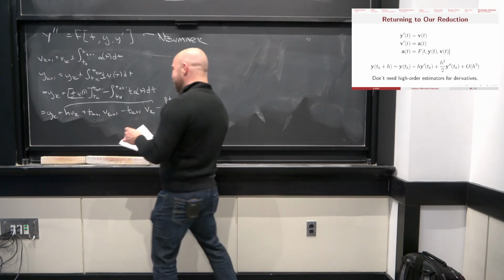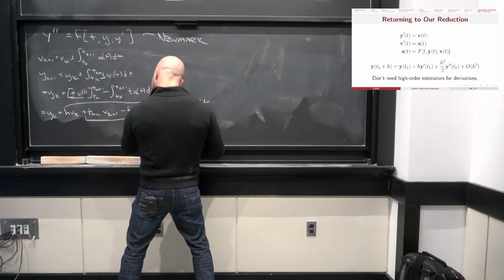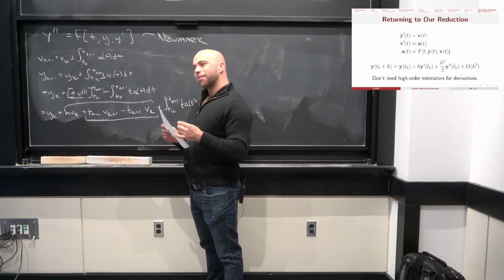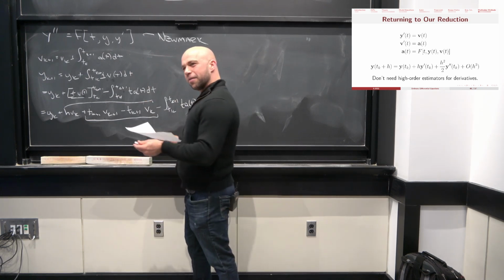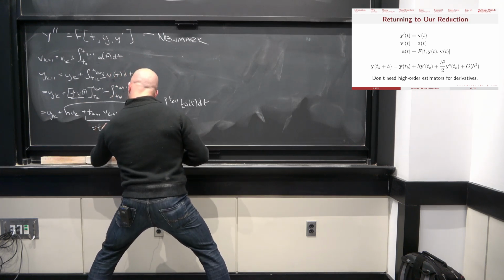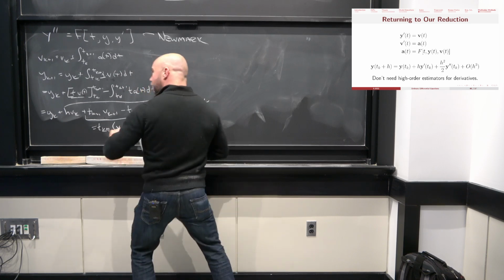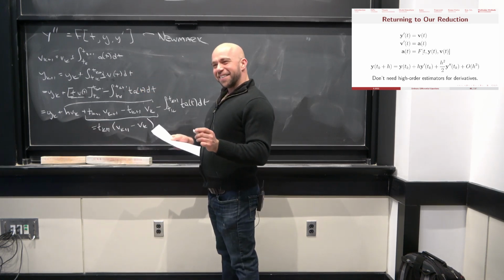So what is this guy? Well, I can factor a t_{k+1} out of this thing, right? So this is equal to t_{k+1} times (v_{k+1} minus v_k). Uh-oh. What should I do?